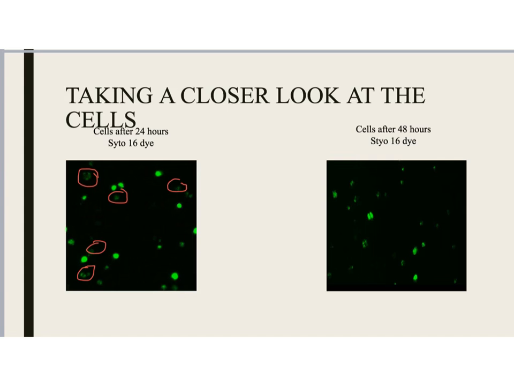When taking a look at the cells after 48 hours in the dye, we see more apoptosis, but we also see mitosis. So I don't know exactly what this means, but it would be interesting to look at even further.